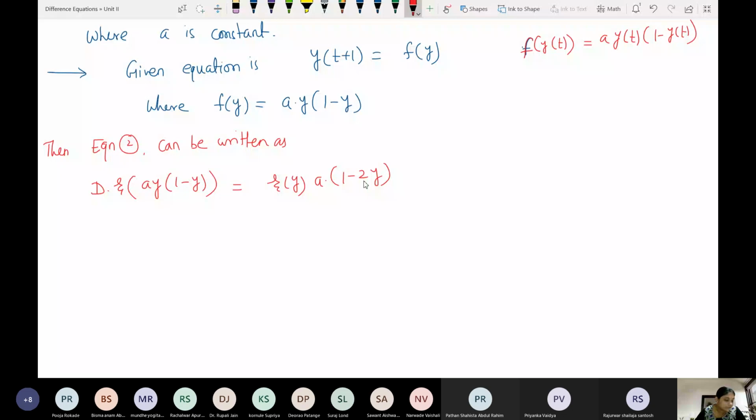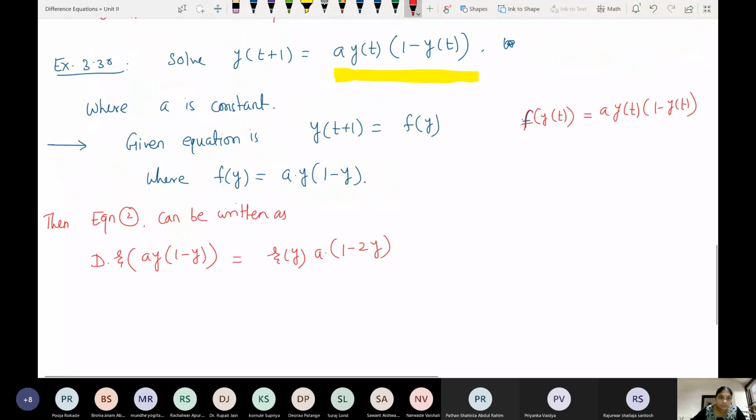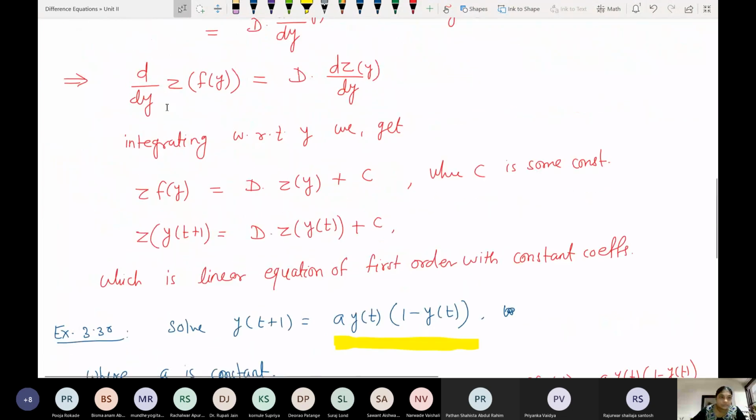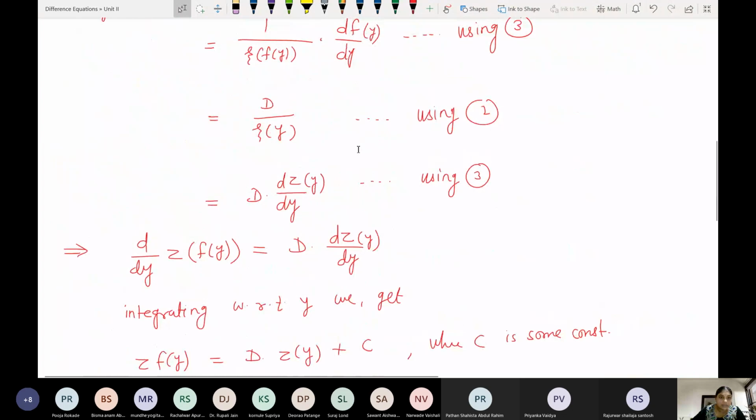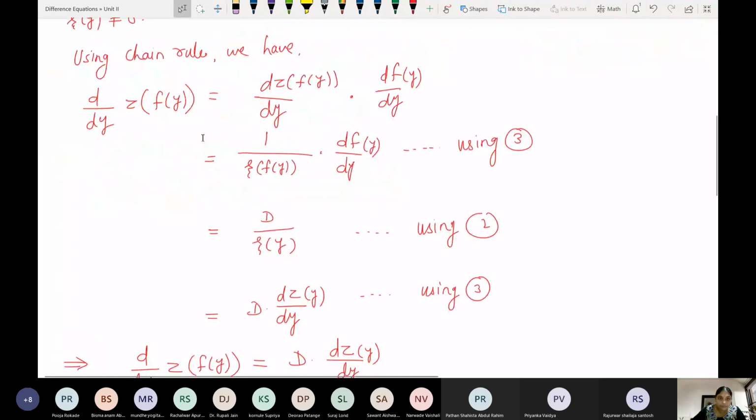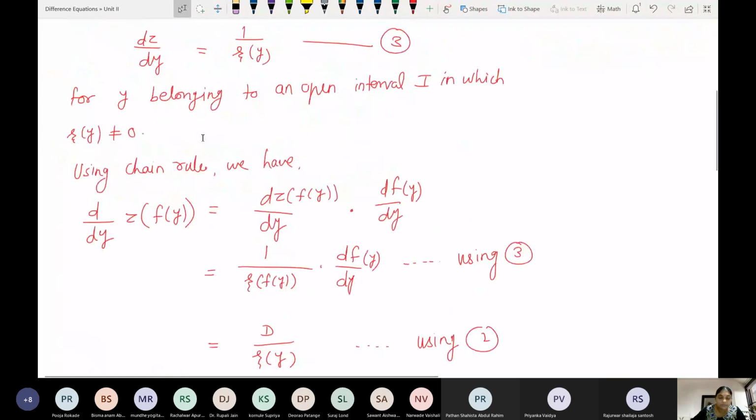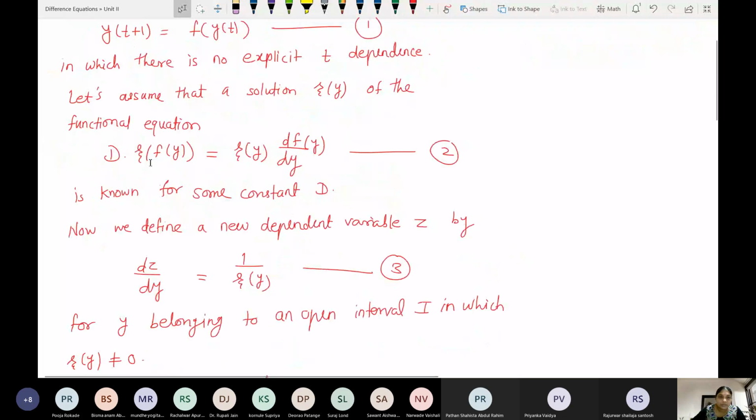So it will be 2 minus 2 times y dz by dy. A z of y. Okay. Where is that? 2. d xi of f of y is nothing but xi y d f of y by dy. What is d f of y by dy?